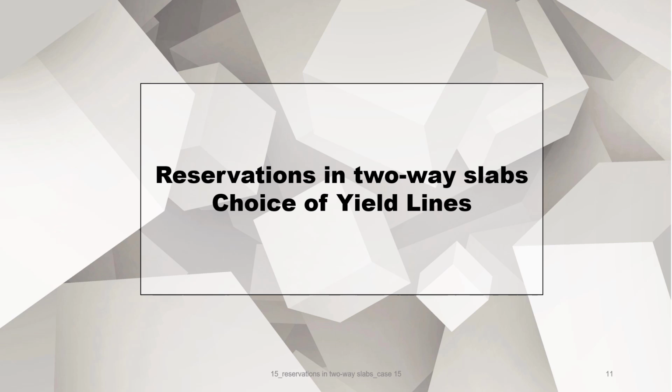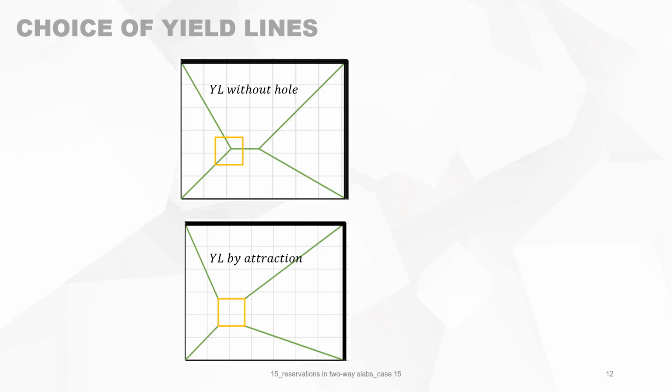Now, we've seen two different choices of yield lines, the 30, 45, 60-degree rule and attracting yield lines. Which one will we use? Let's make a very quick comparison. We have a square slab. No, it's not a square slab, almost square. We have a slab of this type, and we have a reservation in it.